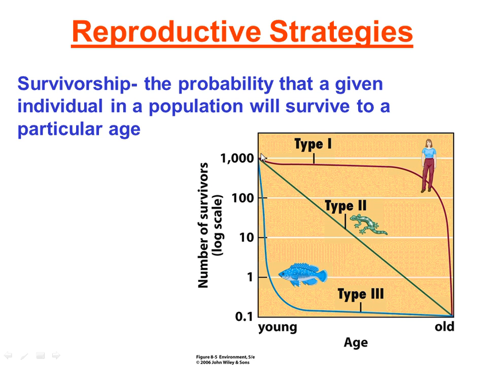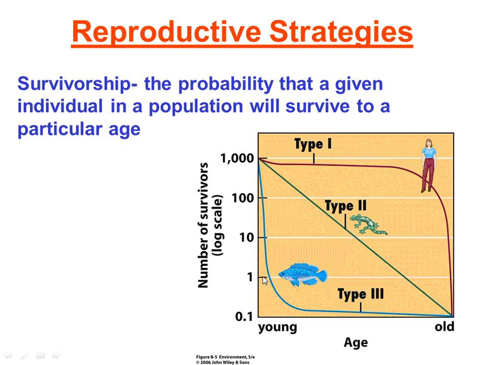Type 3 survivorship, I'm going to skip over to for right now. Type 3 survivorship, you can see that the probability of death is high young, so early on in life. So it's very likely that this animal or organism is going to die at a young age, but if they get past being young, then they're able to survive for a long period of time. And so fish are a great example of this.